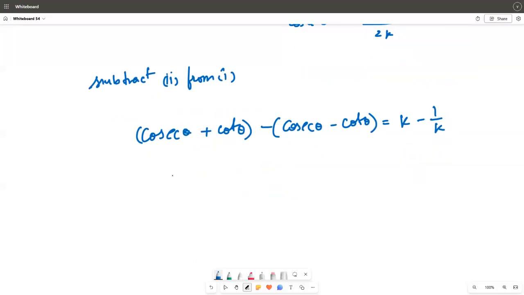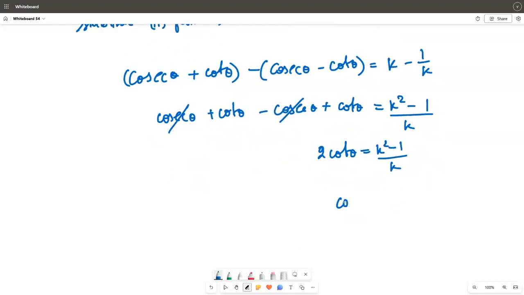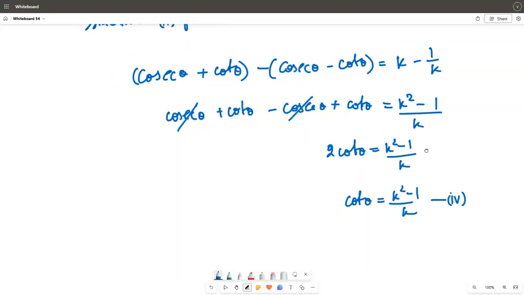If I open the brackets for the second part, this would be cosec theta plus cot theta minus cosecant theta plus cot theta. Both cosecant thetas will get cancelled, and taking the LCM on the right hand side, it will be k square minus 1 by k. Now 2 into cot theta is equal to k square minus 1 by k, and bringing 2 to the right hand side, we have cot theta equal to k square minus 1 by 2k. So let's consider this as the fourth equation.